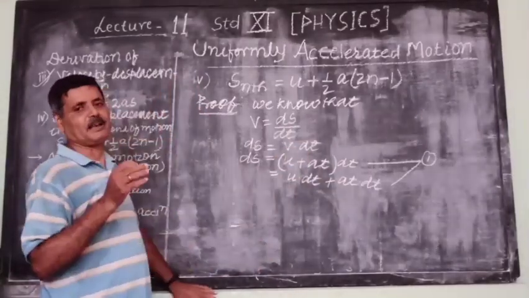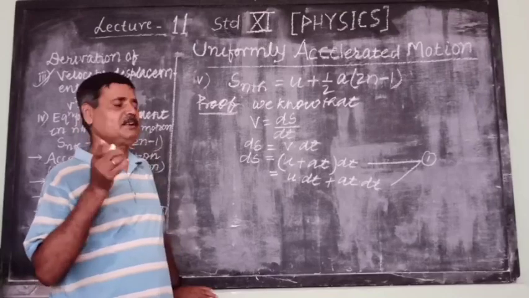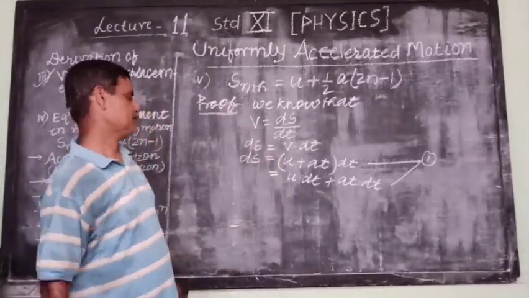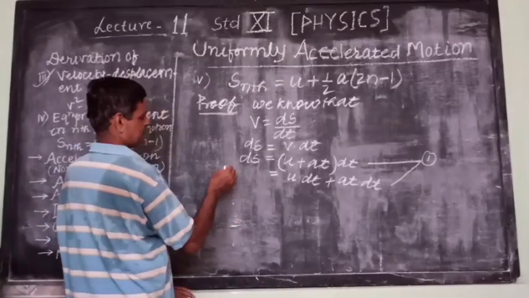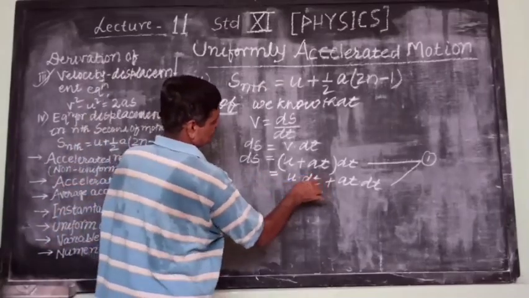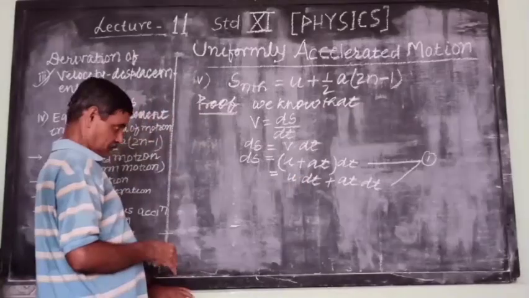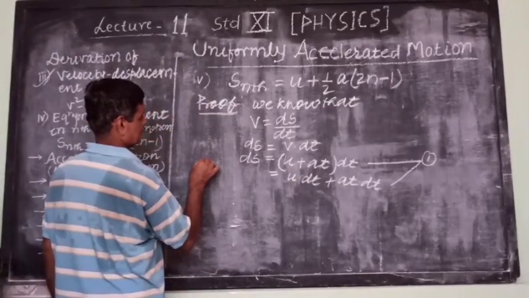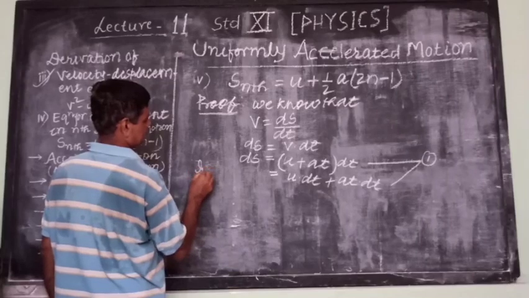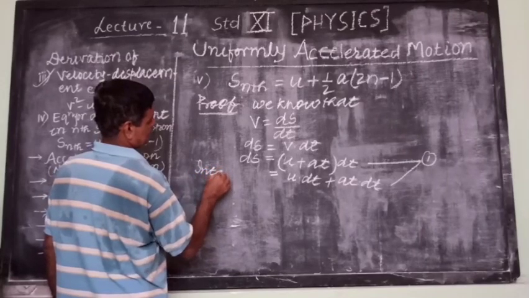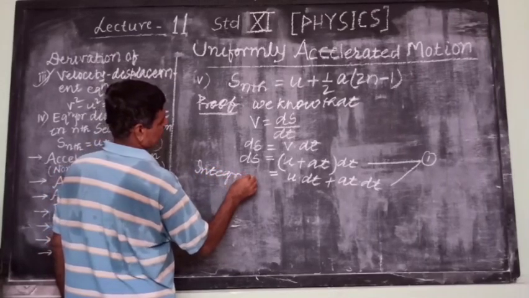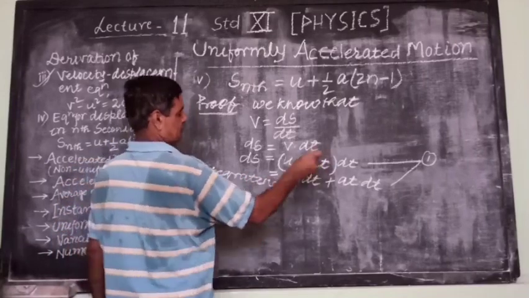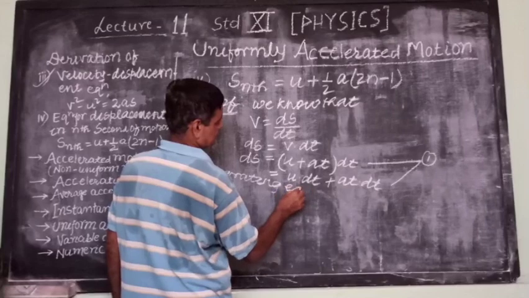Now you have to apply a condition when t is equal to n, then this will be s n. Integrating equation first.